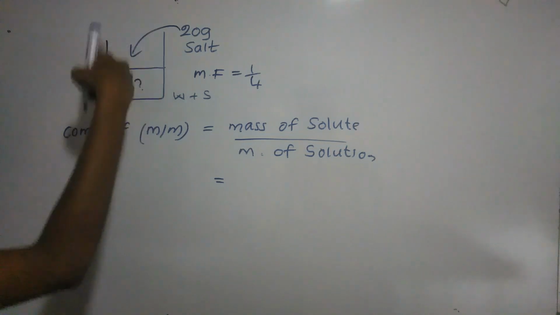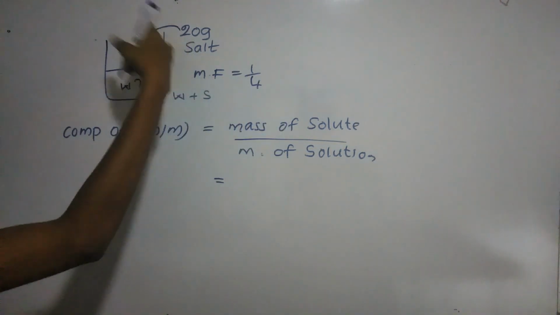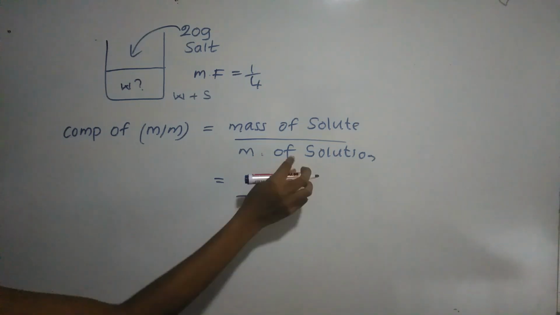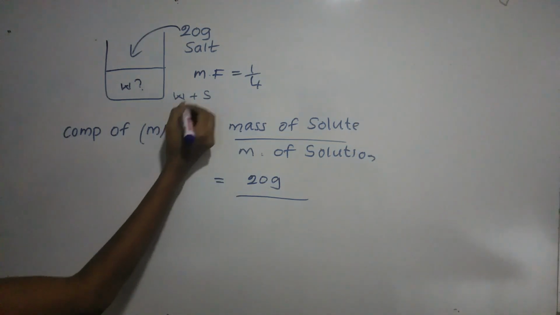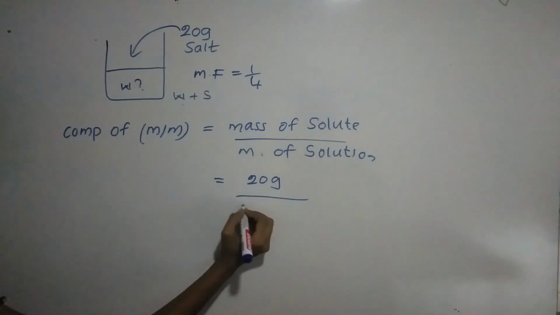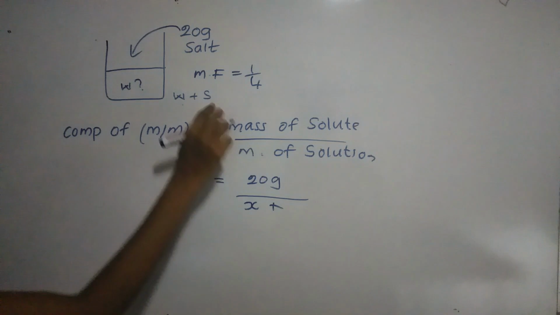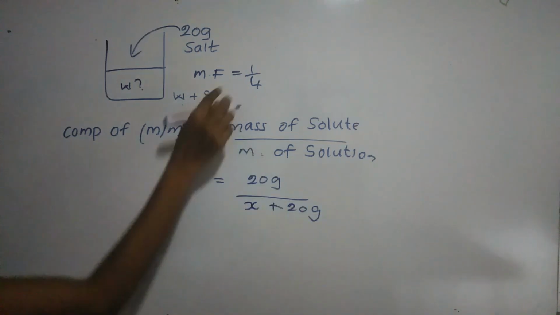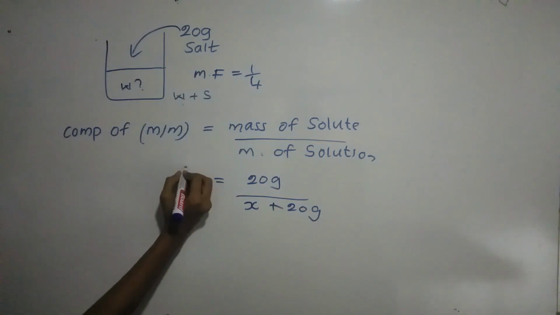Now from these details we know the mass of the solute. The solute is salt. We know that it is 20 grams. Mass of the solution comes from mass of water plus mass of salt. We don't know the mass of water. We'll take it as X. We know the mass of salt is 20 grams. And they have given us the mass fraction of this solution as 1/4.